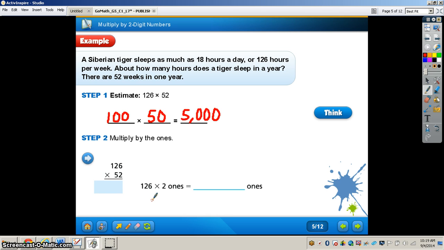The first step is we're going to take that 126 and multiply it by 2. But we're just going to break it down. We're going to take 2 times 6, 2 times 2, 2 times 1. Now the 2 times 6 is going to give me 12.